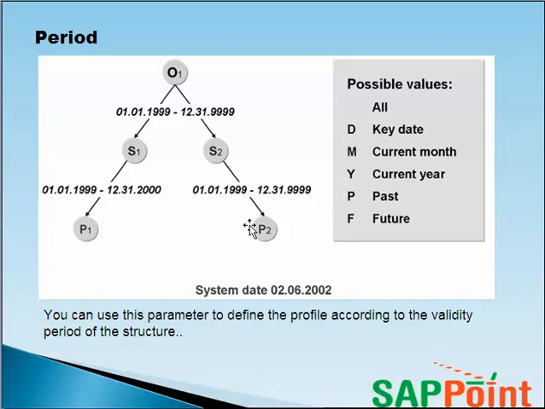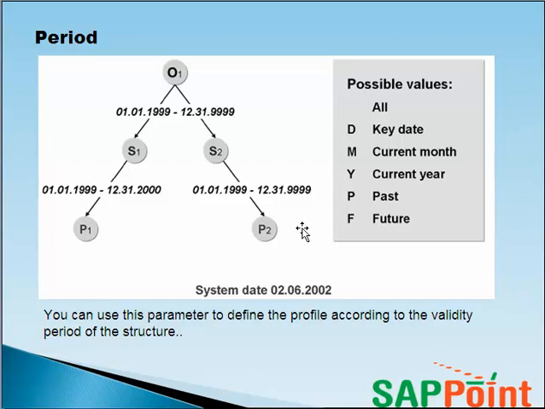P2 is valid from 01/01/1999 to 12/31/9999. Why P2 and why not P1? Because this date 02/06/2002 does not fall under P1, because P1 is valid only till 12/31/2000, whereas this date 02/06/2002 falls under the range of P2.